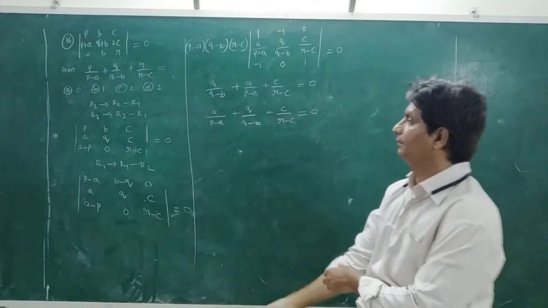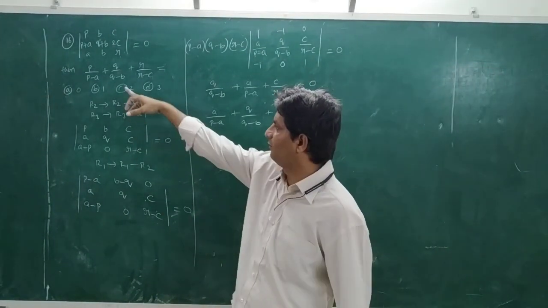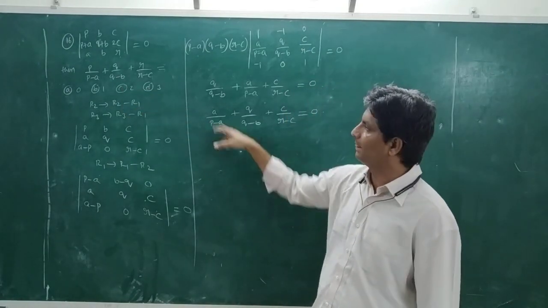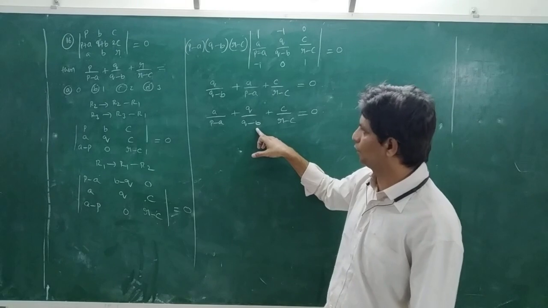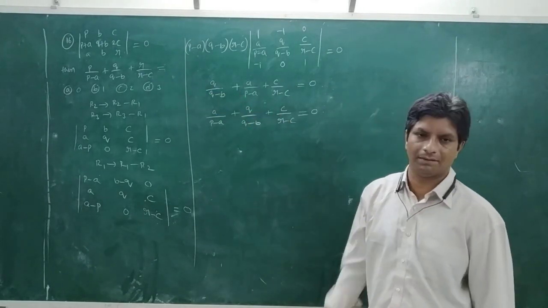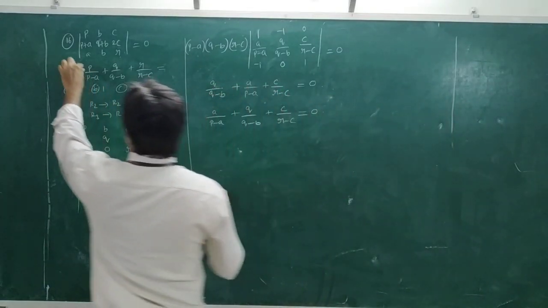But what we have to find? We have to find the value of P by P minus A. But here we got A by P minus A. There, Q by Q minus B, no problem. There, R by R minus C, but we want C by R minus C. So in the numerator we have to get P here.